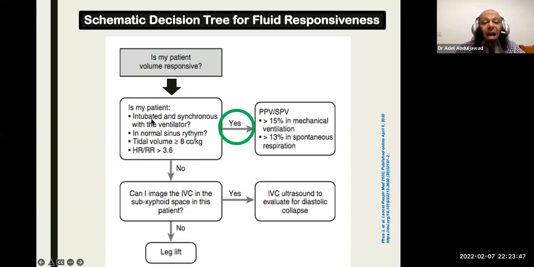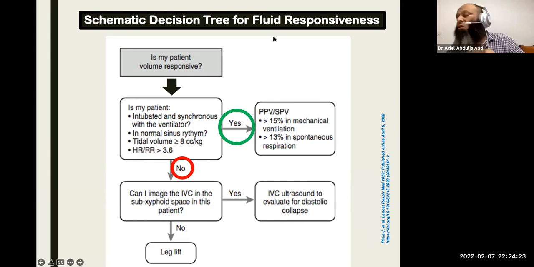Okay, if the answers to those four are no, so the patient is non-intubated, has atrial fibrillation, or is intubated and not synchronized, or is ventilated with low tidal volume, and the heart rate to respiratory rate ratio is less than 3.6, so the answer here is no. The next question: can you get a window to the inferior vena cava by the subxiphoid space or not?